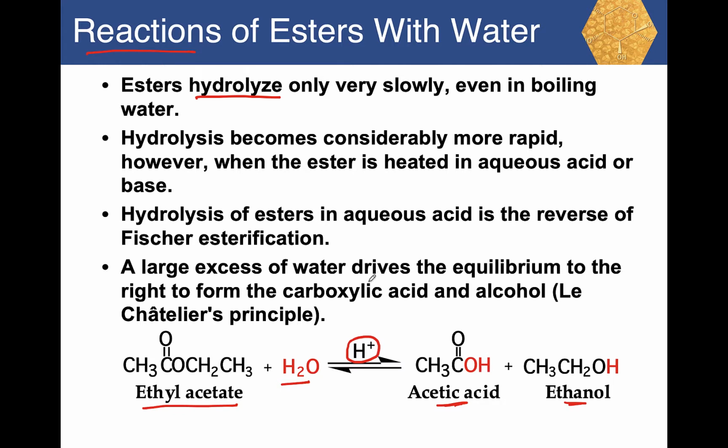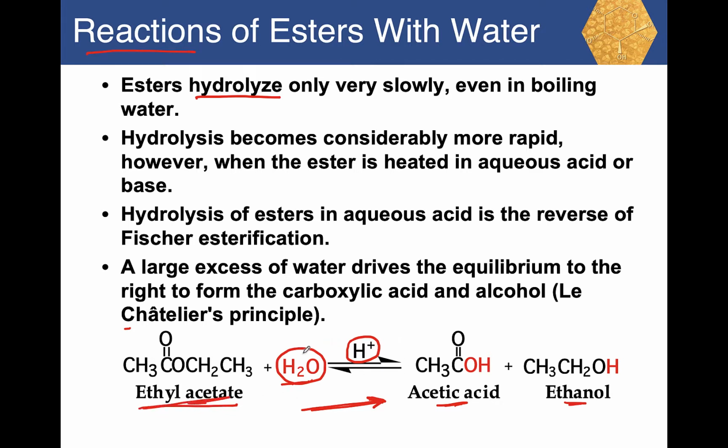And of course, as we mentioned earlier, we can use Le Chatelier's principle to drive the equilibrium to the right or to the left. In this case, we can drive the equilibrium to the right by using a large concentration of water to push the equilibrium to the right, so that we have the hydrolysis of the ester.